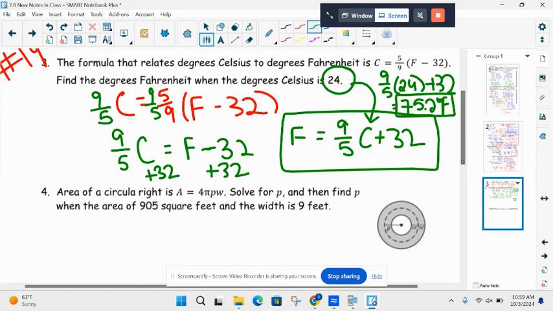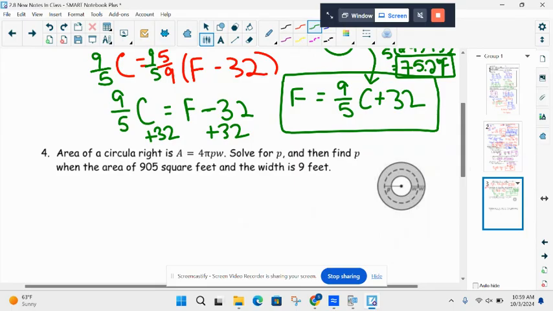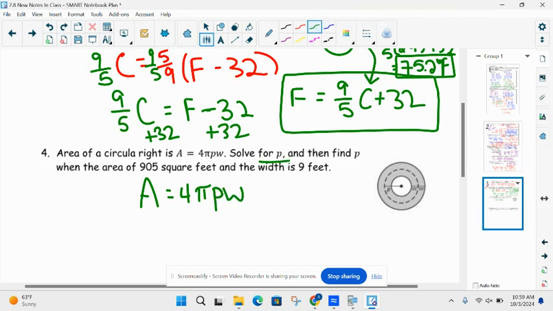All right, number 4. Area of a circular right is A equals 4 pi PW. Solve for P. How do we solve for P? What do we need to do?